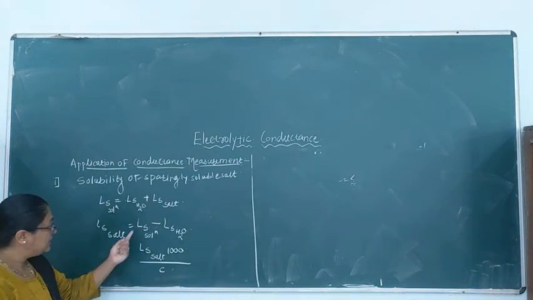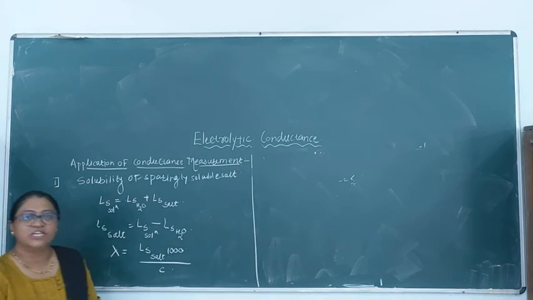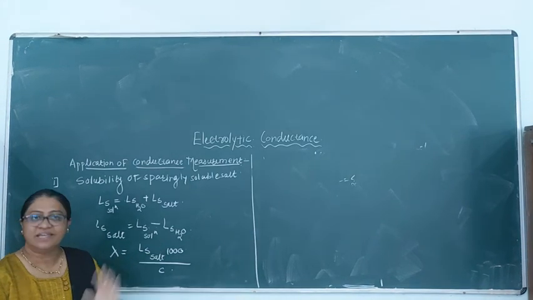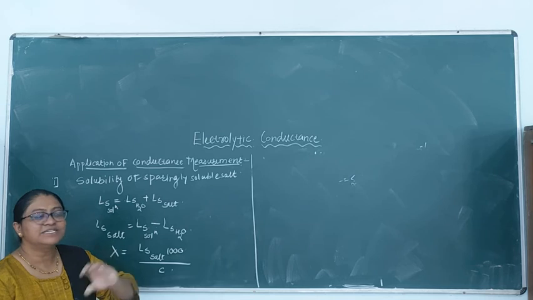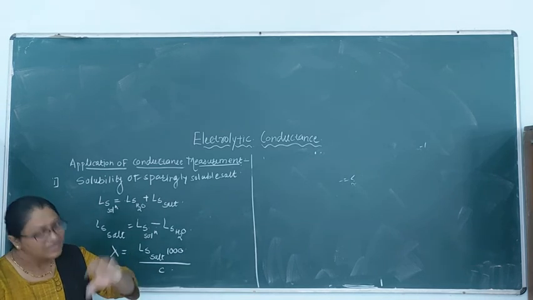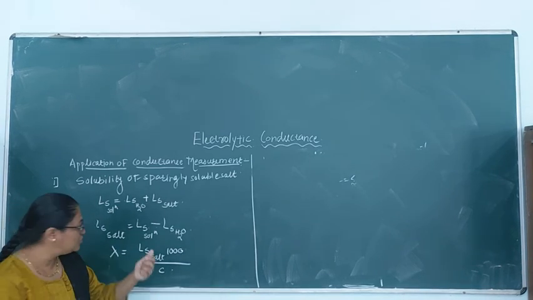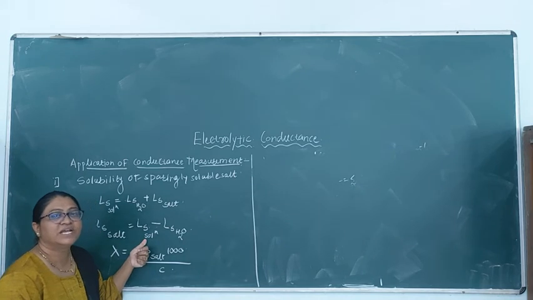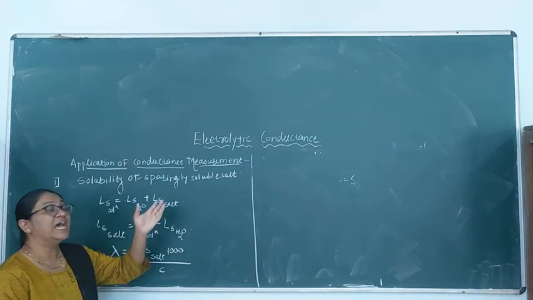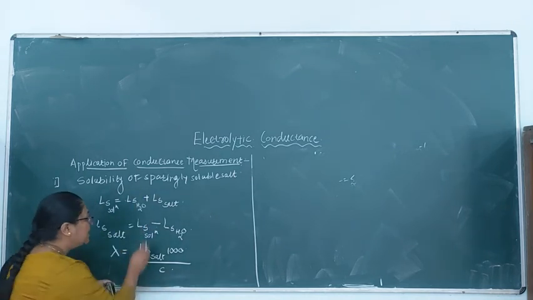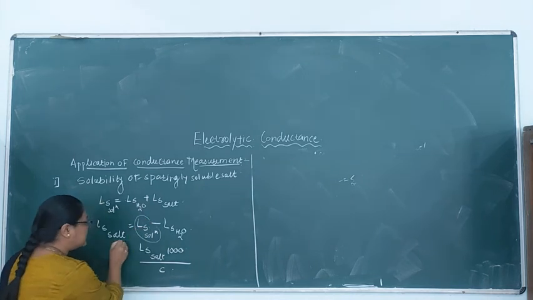We can get the Ls from the conductivity measurements. That means we will measure the resistance. From the resistance we can calculate the conductance, and from the conductance you can calculate the specific conductance of the solution. So direct from the conductivity measurements we will get this value and not this.